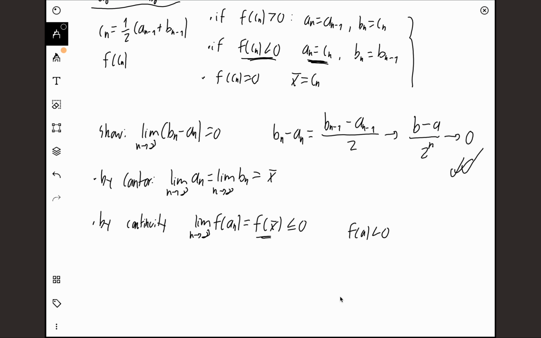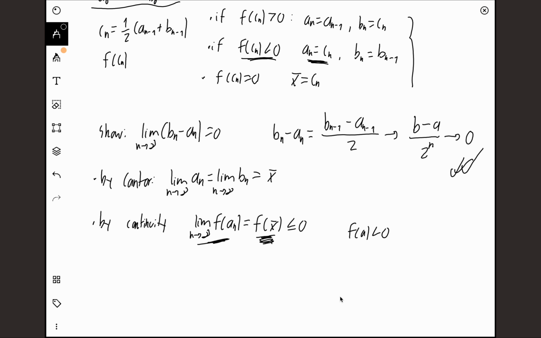So that means for every n, f of a_n will be less than or equal to 0, because of how we defined our algorithm. And due to continuity, we also know that at infinity the function will act the same way as it does when it's approaching the limit. So we also know that at infinity the function will be less than or equal to 0.